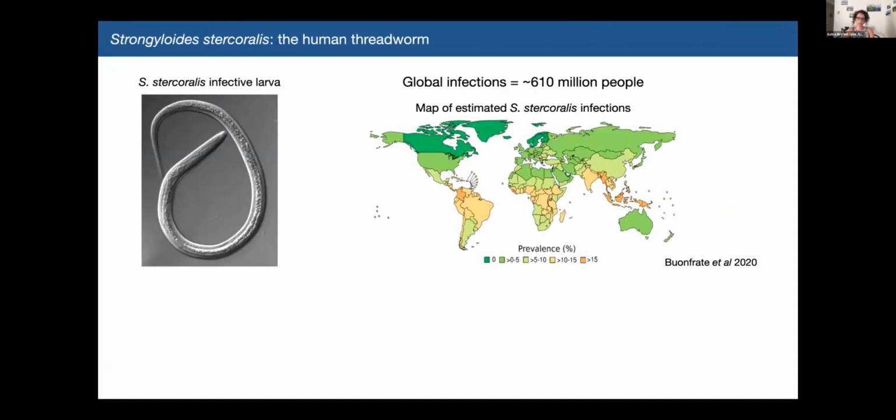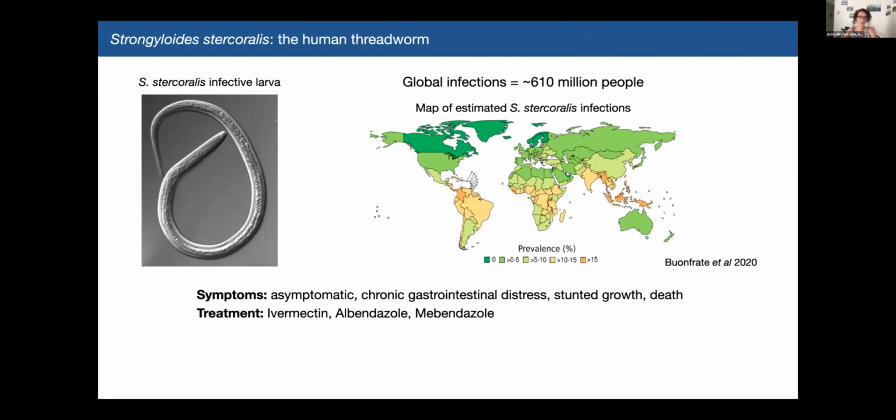These are intestinal parasitic worms that infect approximately 610 million people worldwide. Infections are often asymptomatic, but heavy infections can lead to chronic gastrointestinal distress, stunted growth and cognitive impairment in children, and even death.